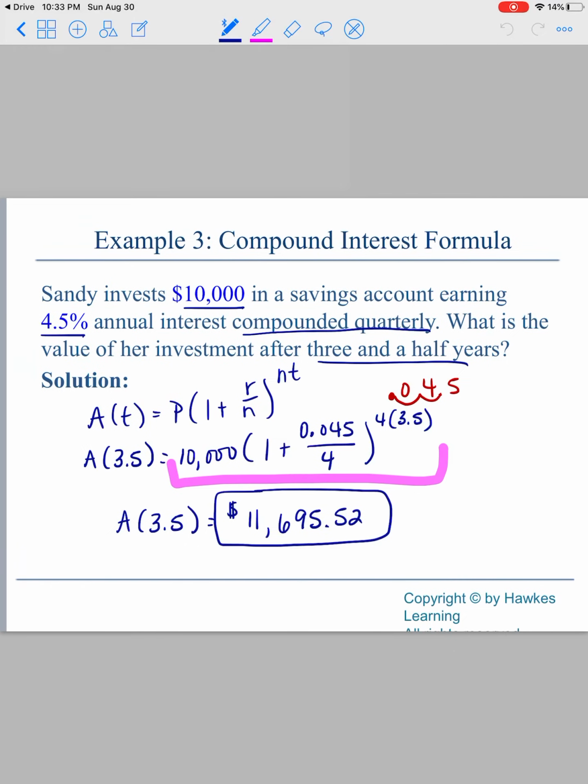Okay, so if I go back and look, what did she get before? $11,695. So it's pretty much asking what is the difference of these two accounts. So how much more does she earn?